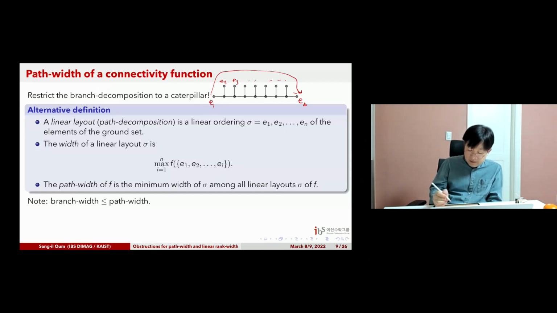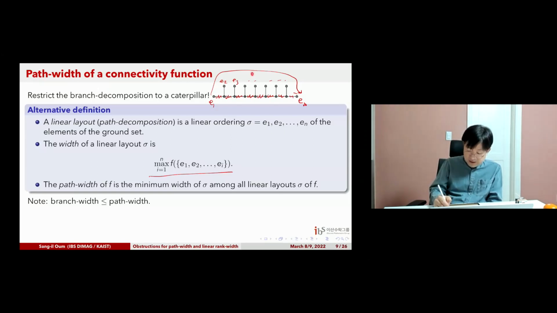Since these edges already have small values, it's okay to just worry about the other edges, and the width of that decomposition, that caterpillar, is the same.